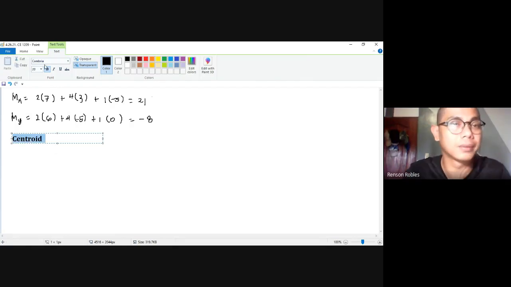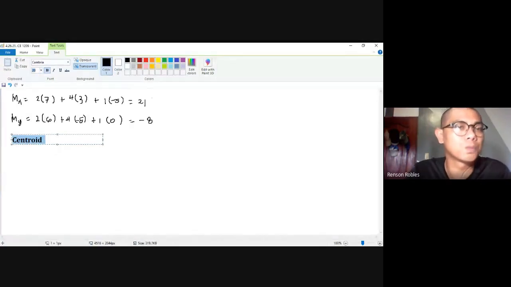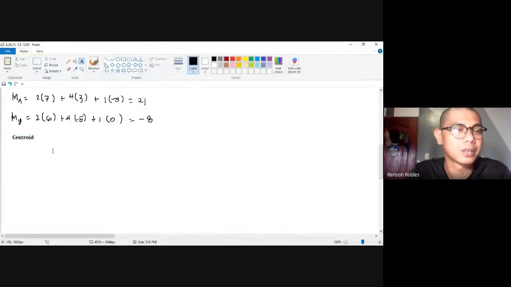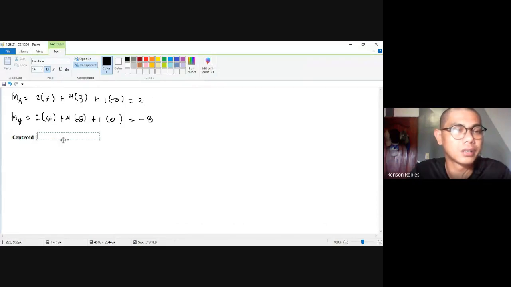Liitin natin ng konti. It's 14 lang. So what is the centroid again? The centroid is the center of gravity. You're a civil engineering.